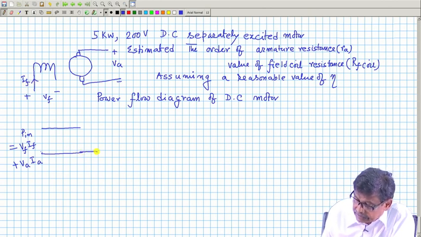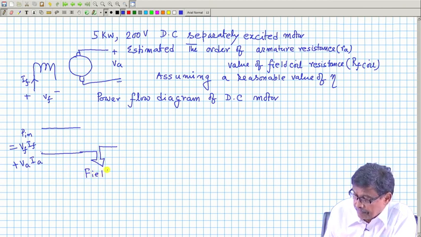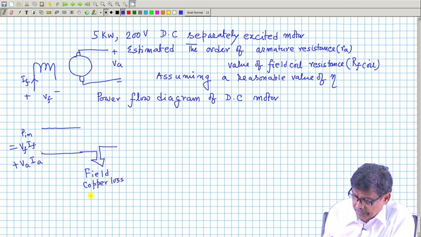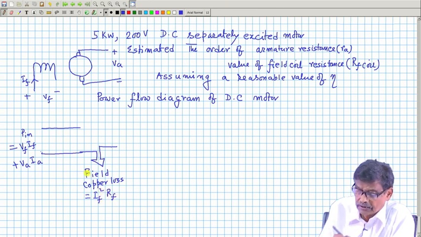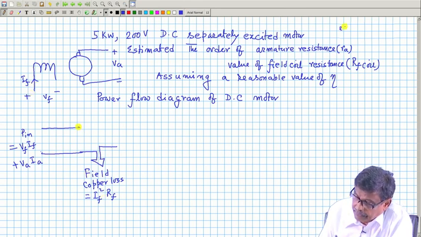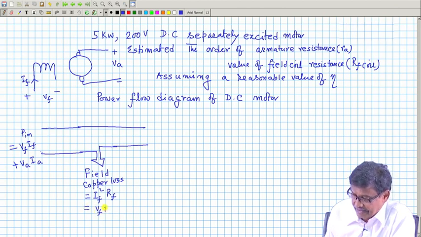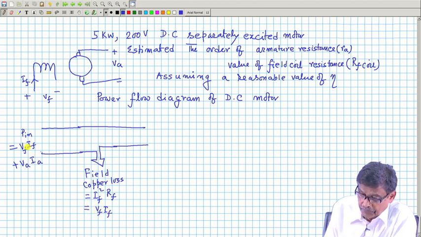From this, a portion will be lost in the field circuit as field copper loss, which will be equal to I_F squared times R_F. R_F is the total; if you have connected any external resistance, that is also to be taken into account. That is also equal to V_F I_F. So P input is this plus this.